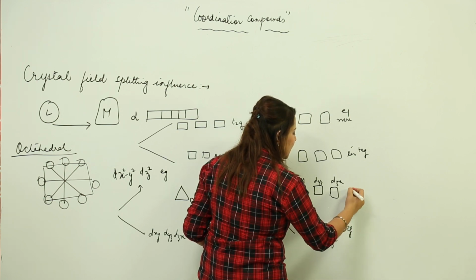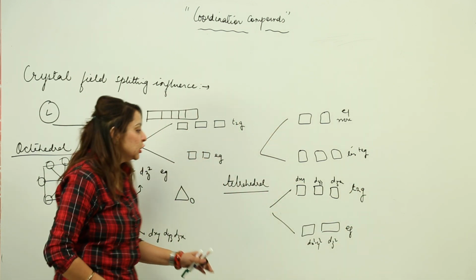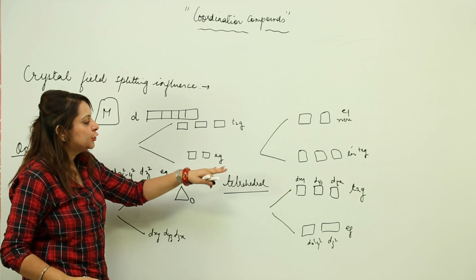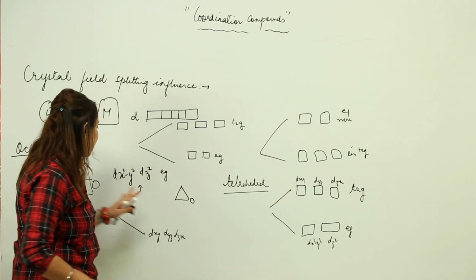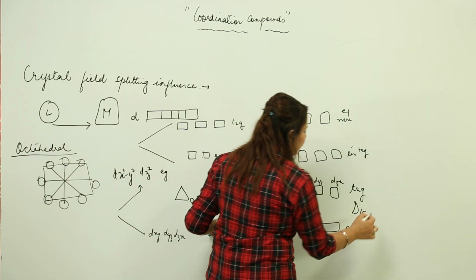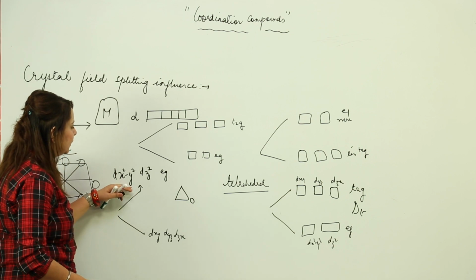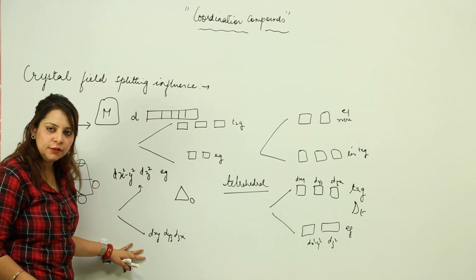That means Eg possesses less energy and T2g possesses higher energy, right. So in tetrahedral the energy of T2g is more and Eg is less, and the energy difference is indicated by delta with subscript T, while in octahedral it is delta O, indicating that their energy is somewhat higher and their energy is lower, right.